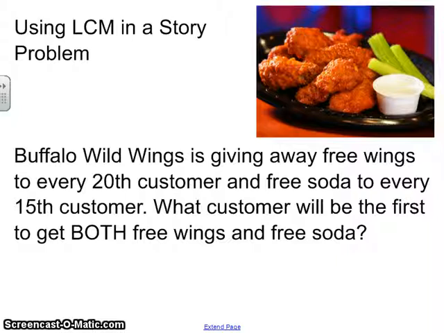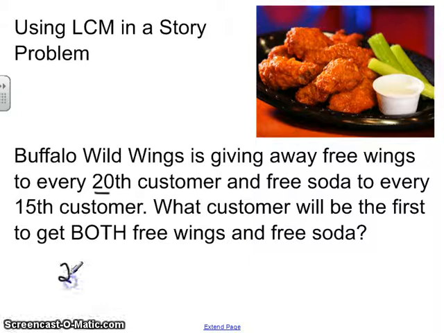Here is a story problem where you would use least common multiple. Buffalo Wild Wings is giving away free wings to every 20th customer and a free soda to every 15th customer. What customer would be the first to get both free wings and free soda? To do this problem, think about the first customer to receive free wings, and that's the 20th customer.